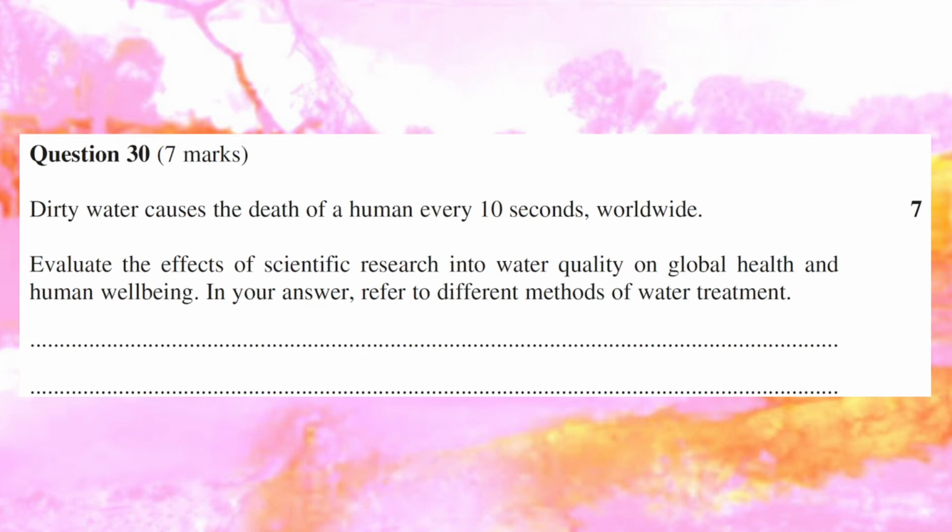Now, you have to also talk about different methods of water treatment. And the key there is methods, so you have to talk of at least 2. You can, for instance, reference the way water is treated in Australia. You can talk about things like flocculation, chlorine treatment, bacterial treatment, and outline them with a little bit of detail.